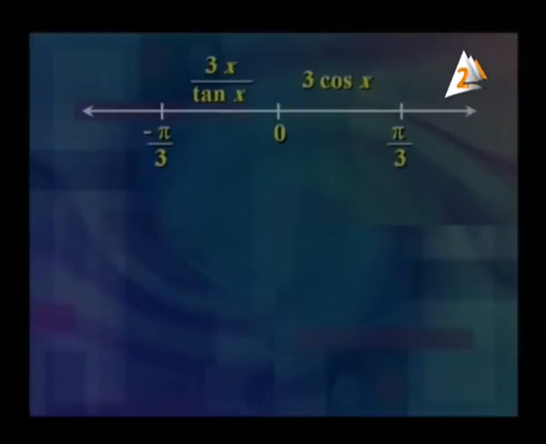Dear student, the opposite graph represents the function: when x is between negative pi over 3 and 0, f of x equals 3x over 10x. When x is greater than or equal to 0 and smaller than pi over 3, f of x equals 3 cosine x.